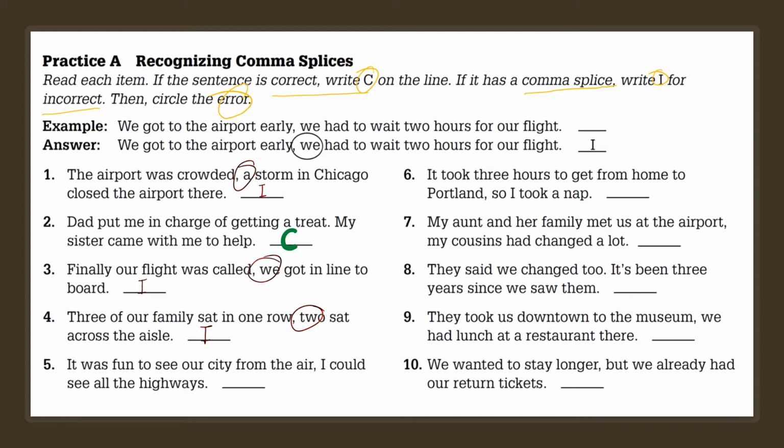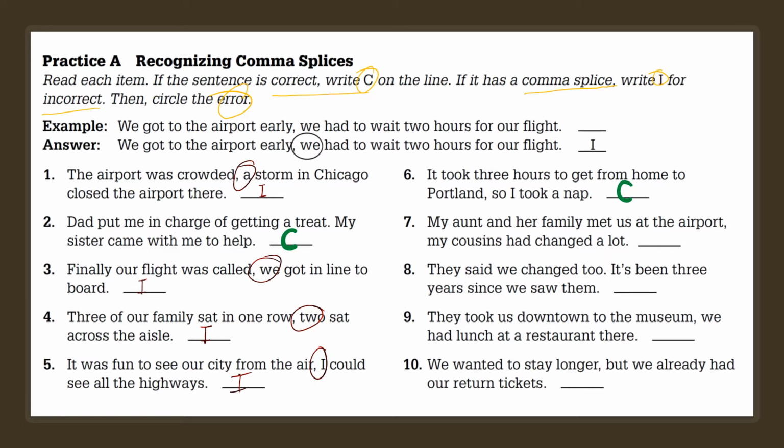Number 5, it was fun to see our city from the air, comma, I could, another mistake. Number 6, it took 3 hours to get from home to Portland, so I took a nap. Here it's totally fine because we have got a coordinating conjunction here, so we just put the comma and then we continue.